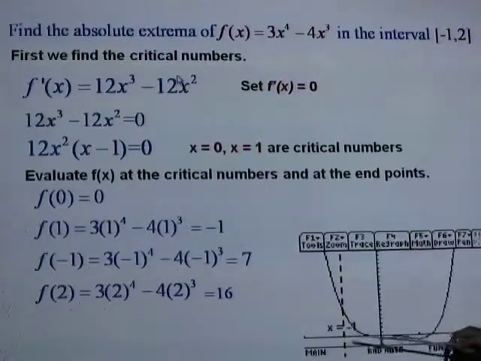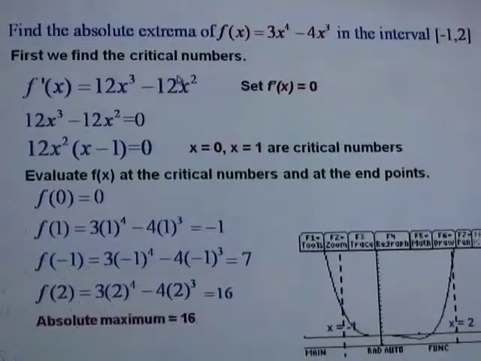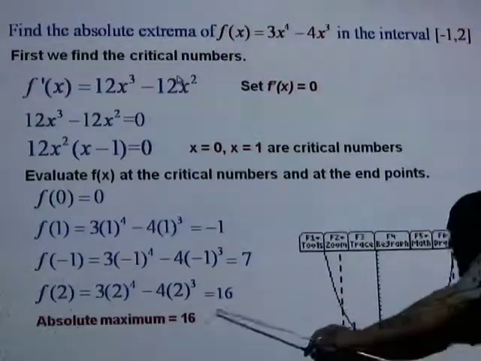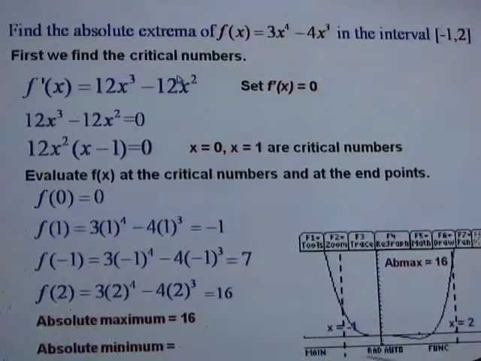This is x equal to -1, and that is x equal to 2. So this is the absolute maximum, and this is the absolute minimum over here. That's right. So absolute maximum is 16 over here, and the absolute minimum is -1 over here.